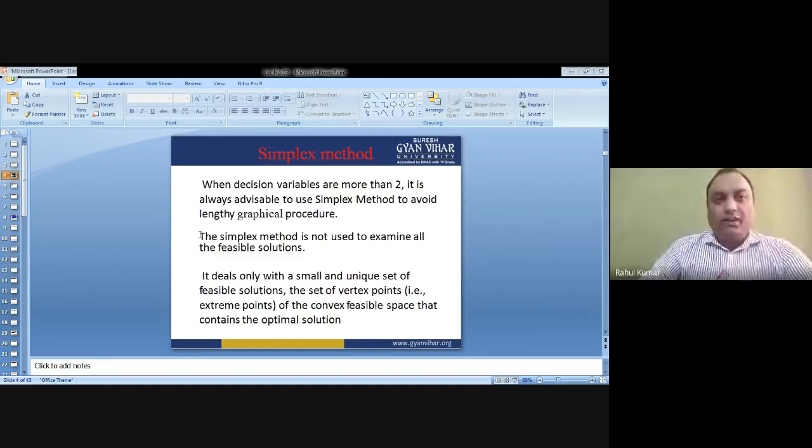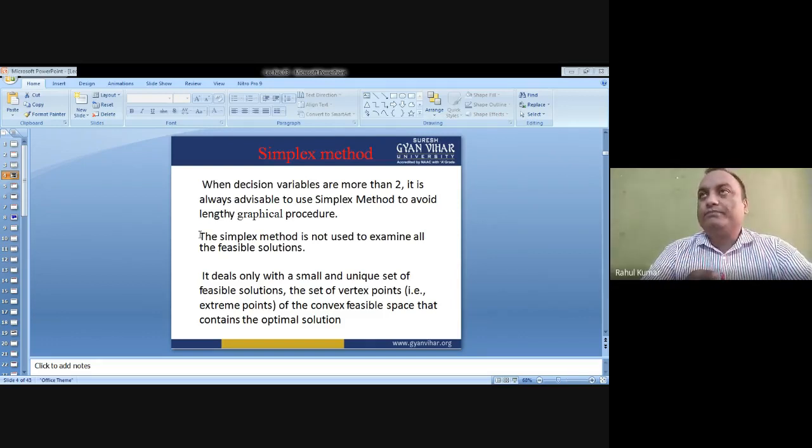One question arises here: where is the simplex method used? If I already have a graphical method, what is the use of the simplex method? It is used where the decision variables are more than 2.